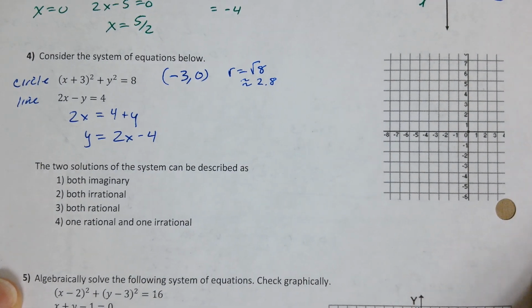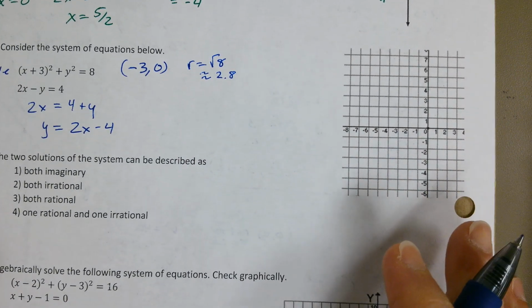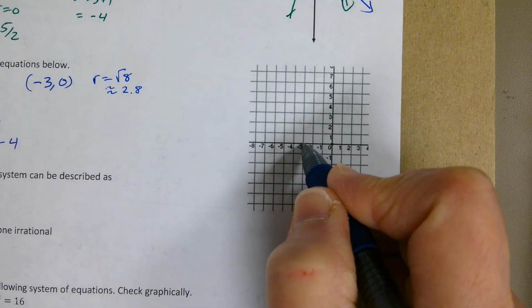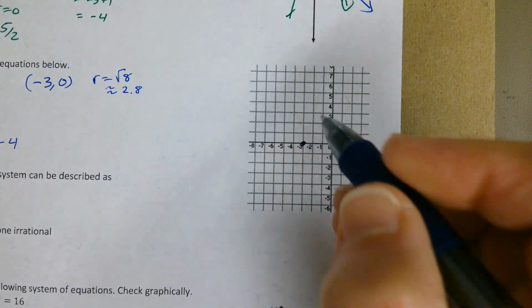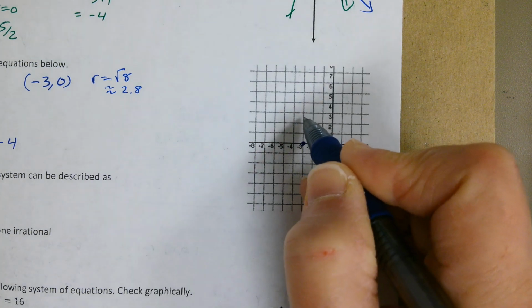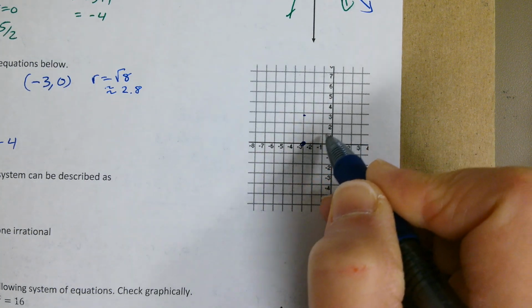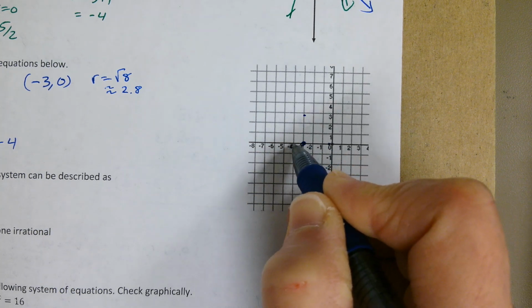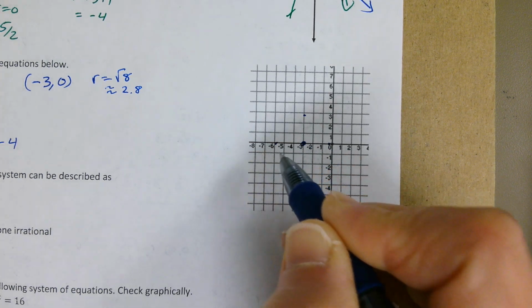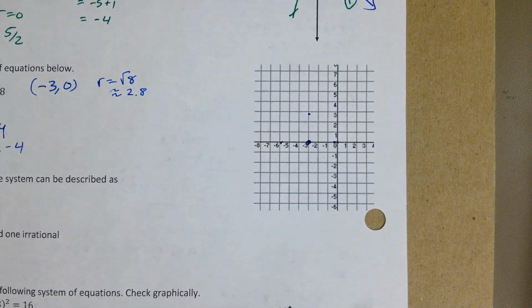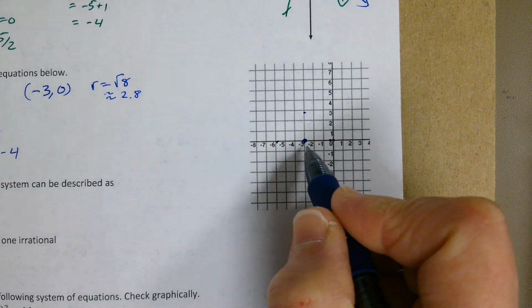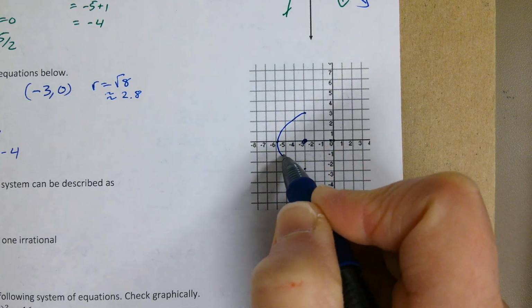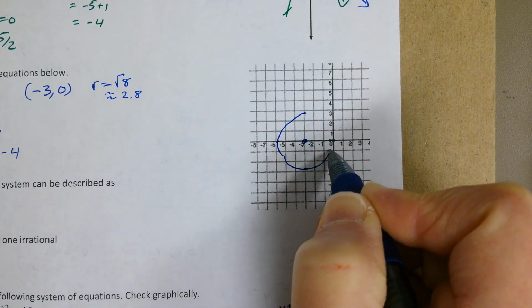So I have a line and a circle. The circle has a center of -3, 0, and a radius of just under 3. I'm just going to go out just under 3 in all 4 directions, and try to sketch my circle here.